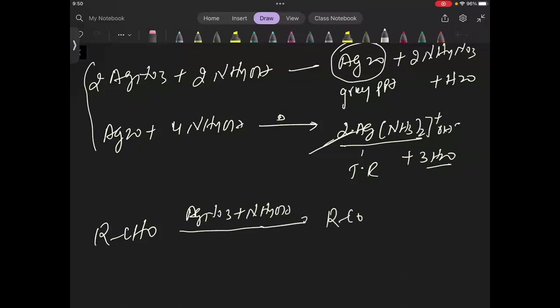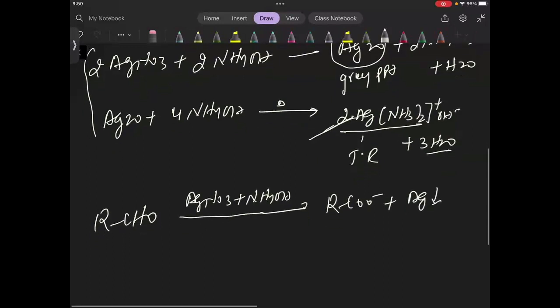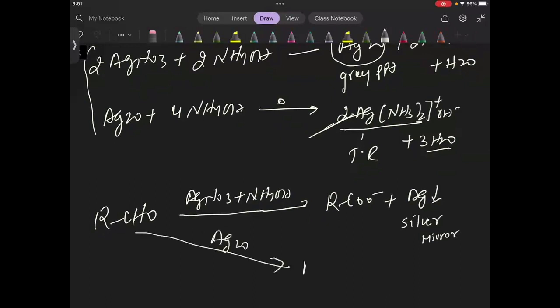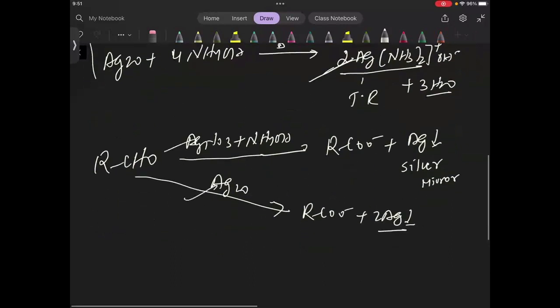You will get RCOO- plus Ag, and the silver mirror will form. That is the silver mirror, students. You can also write exactly this equation as Ag2O, silver oxide, giving RCOO- plus 2Ag, again silver mirror will form. So you can write this equation in a different way.